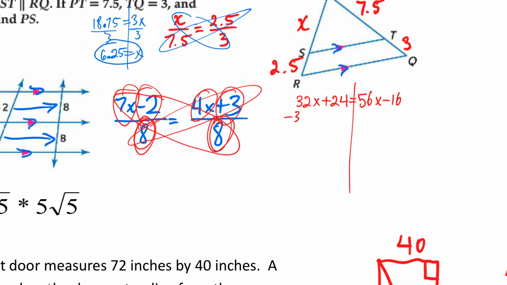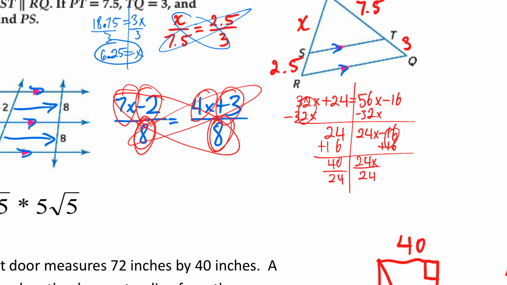All right, so get our x's together, subtract 32x from both sides. This zeroes out. 24 equals 24x minus 16. Add 16 to both sides. That zeroes out. 24x equals 40. Divide by 24. And this gives you like 1.66 repeating.